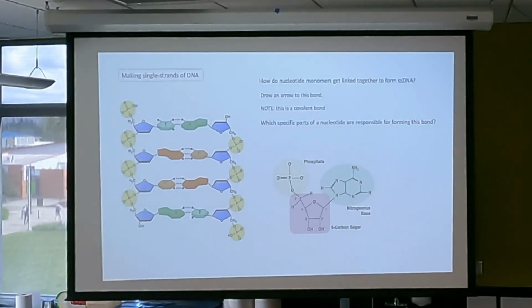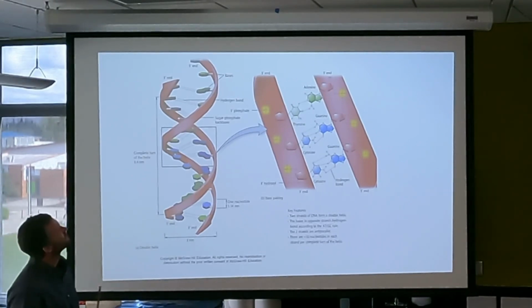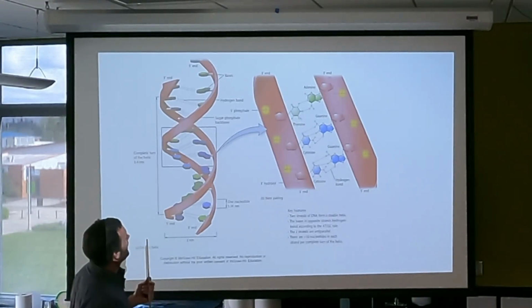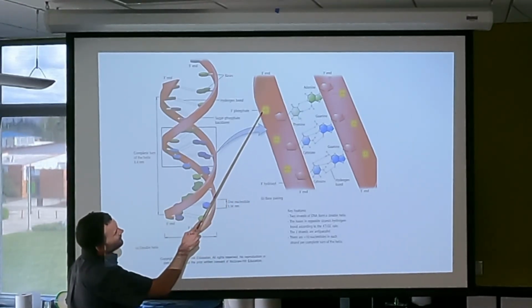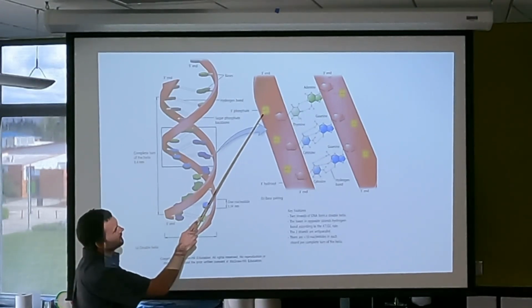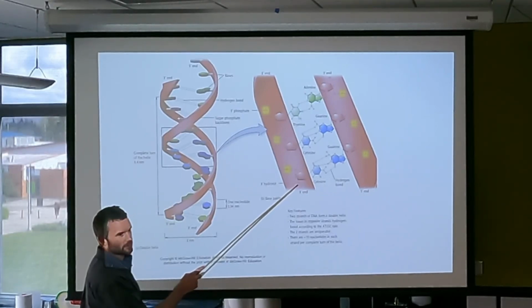Can you go back on that one? 3' and 5'. What is that? The nucleotides. Man, I knew this at one point. It's the fact that the two sides are opposite one another. The 5' end is the phosphate end, and the 3' end is the hydroxyl down here.